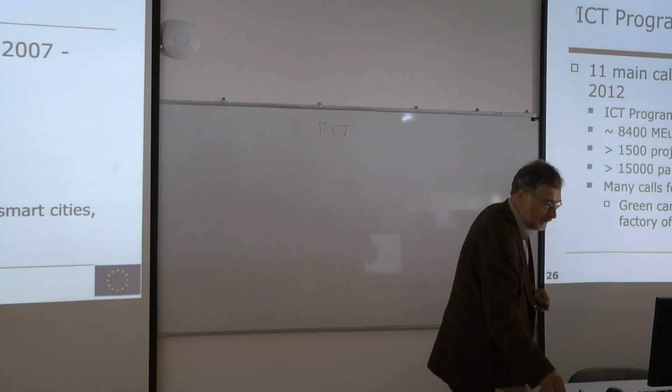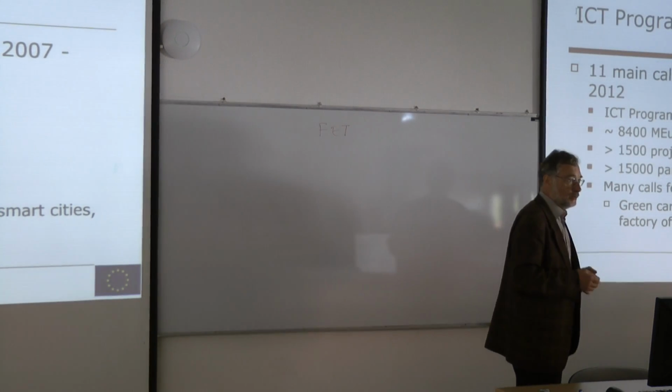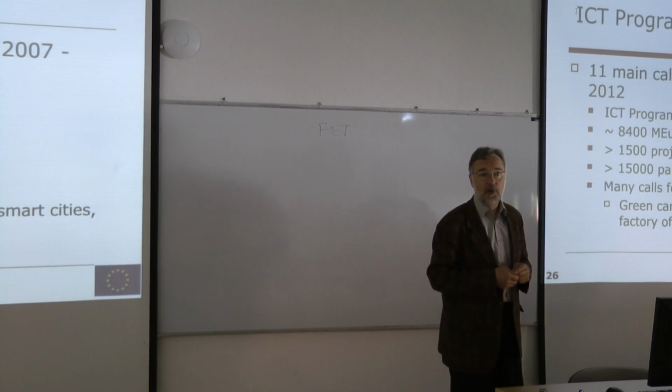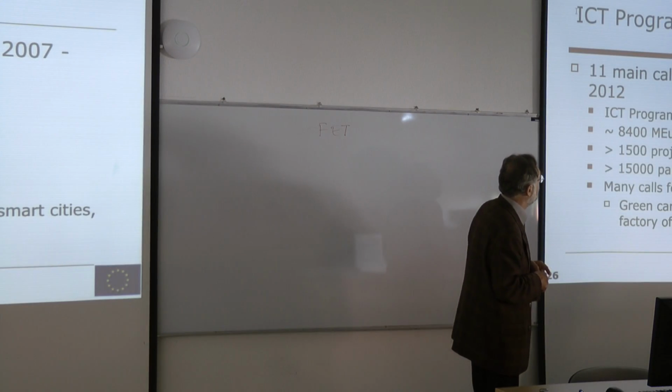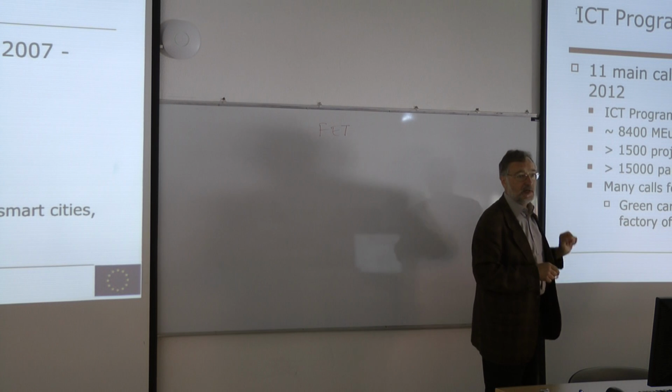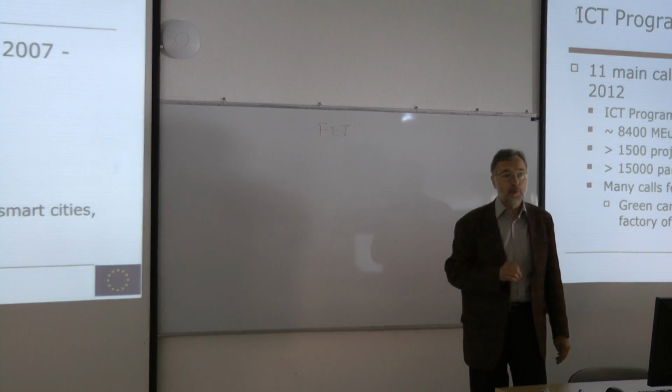Now, where are we? The ICT program, as the whole FP7, is about closing down. There are no new calls anymore. In total, during the time of 7 years, we had 11 main calls for proposals.